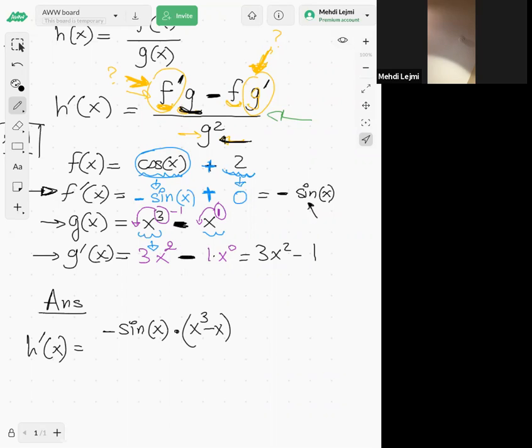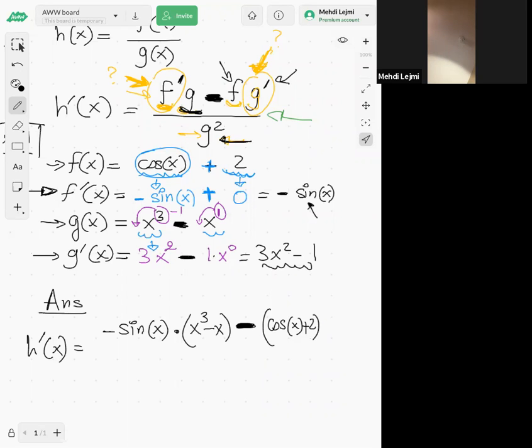And then in the formula, there's a minus here, right? So here's my big minus. F, right? There is f. F is the top. That's the cosine of x plus 2. So here's my cosine of x plus 2 times g prime, right? Here's my g prime, the 3x squared minus 1.